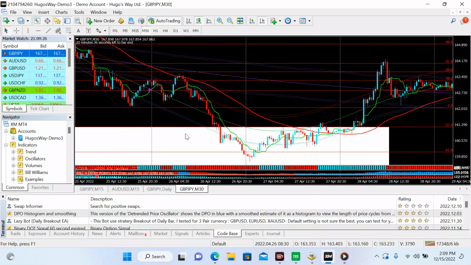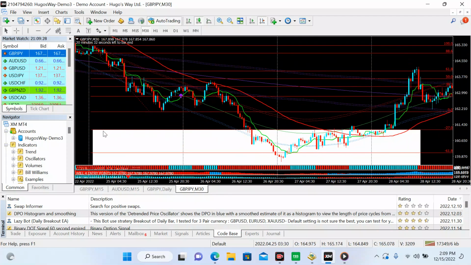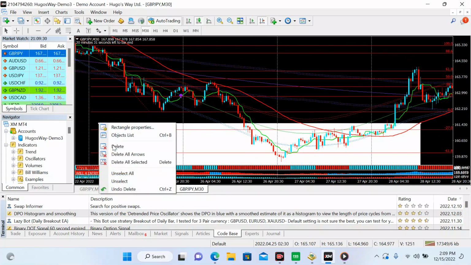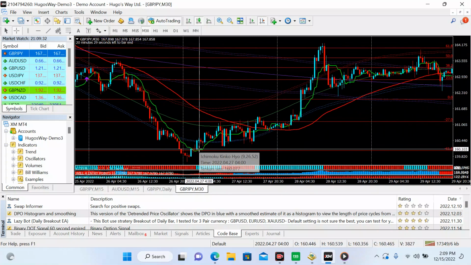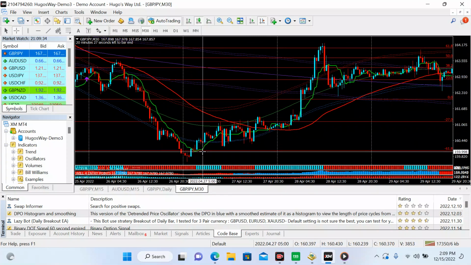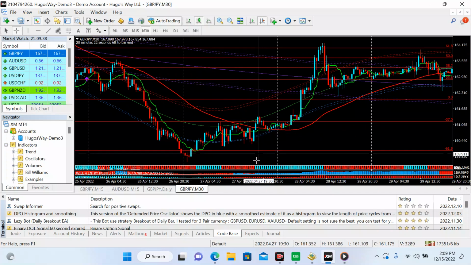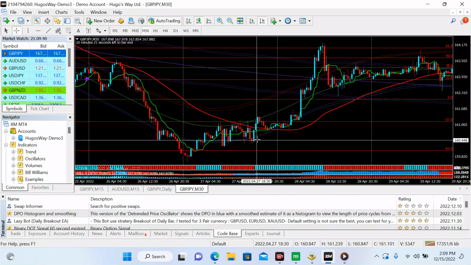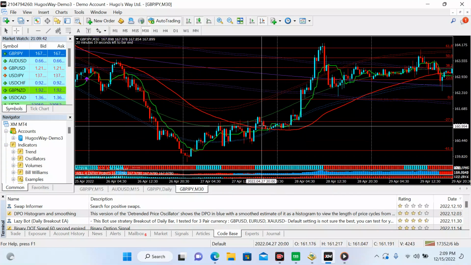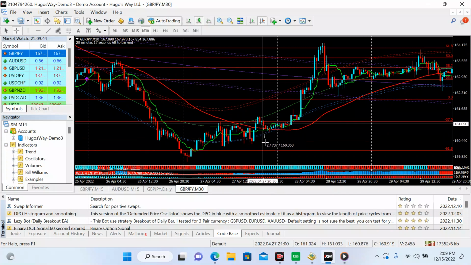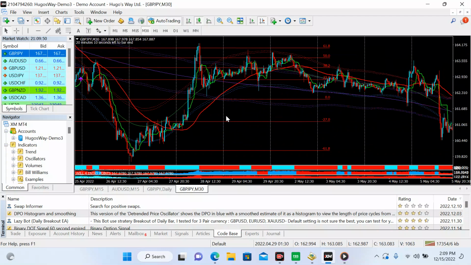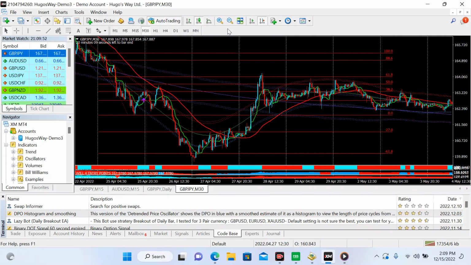Entry comes right here. Entry comes literally right here. Entry right here, boom. 50 pips stop loss, 100 pips is your take profit. Smash. So do you understand what I'm doing?